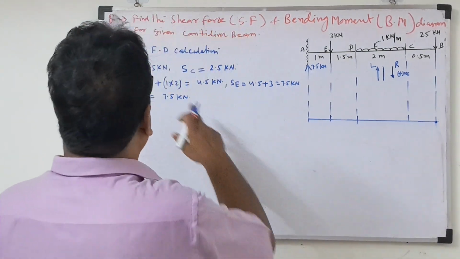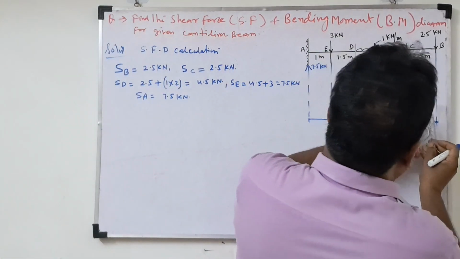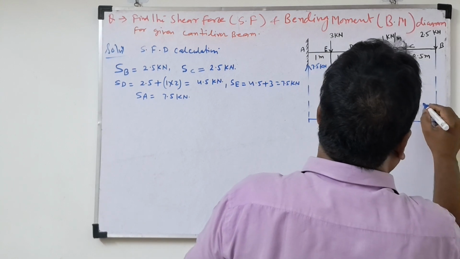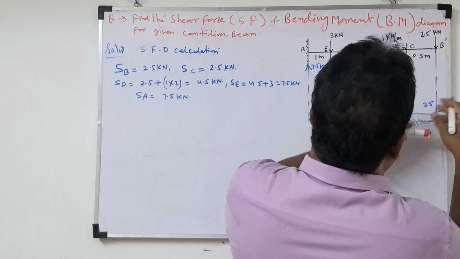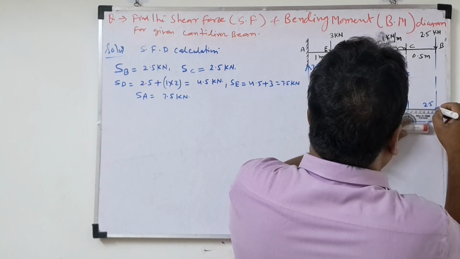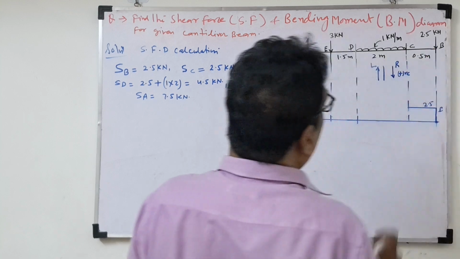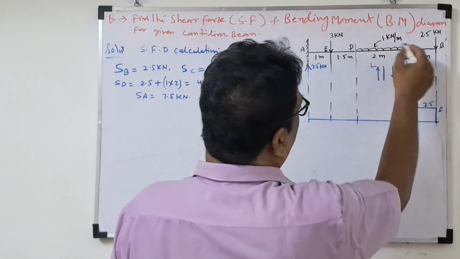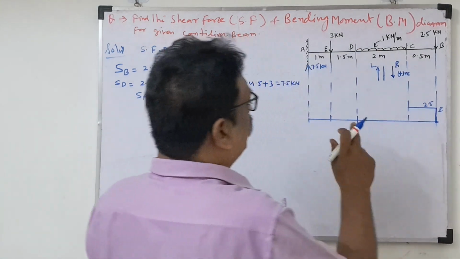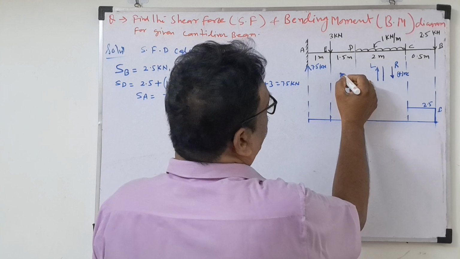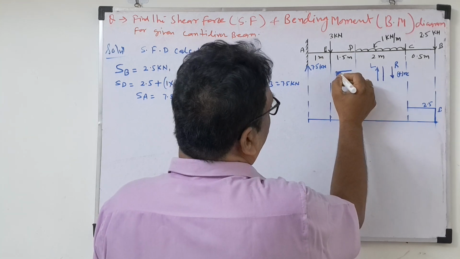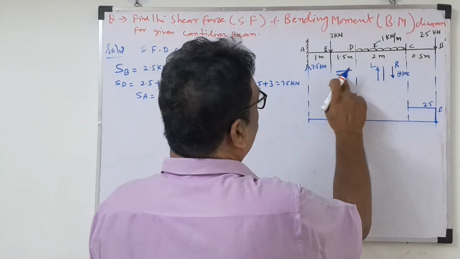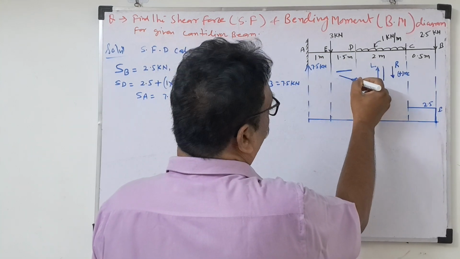So now at point B, what is the shear force here? Because upward is positive, it is 2.5 at B. In between C and B there is no load, so draw a horizontal line. Again, from C to D there is UDL. As we told in the previous video also, for a point load a straight line is drawn; if you have UDL, an inclined line is drawn.